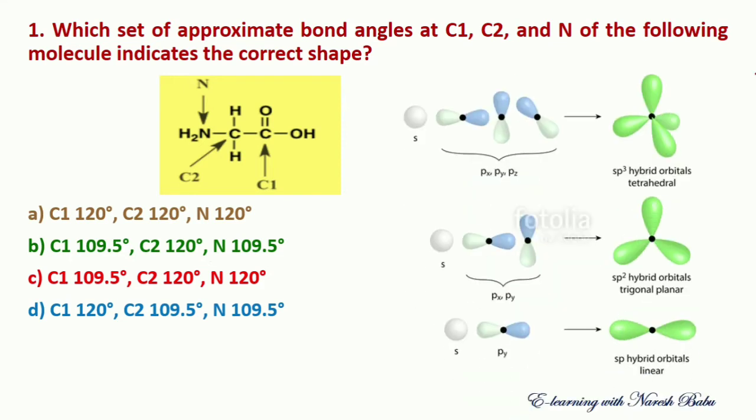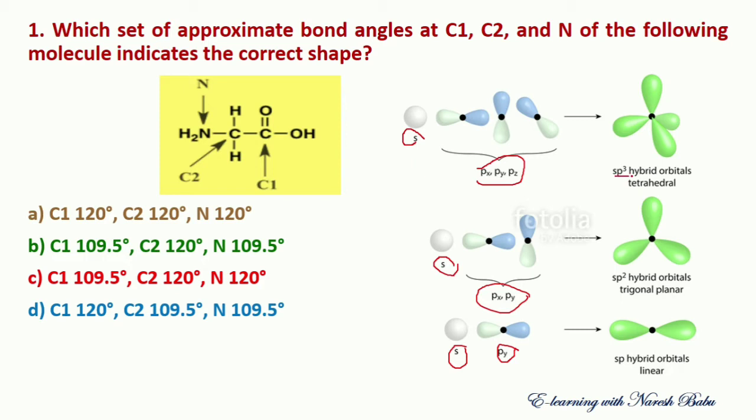So if you know the hybridization, sp3 hybridization, that is 1 s orbital and 3 p orbitals, sp2 hybridization, 1 s orbital and 2 p orbitals, and sp hybridization. If you know the structure of the hybridized molecule, you can easily write the bond angles of the atoms in a hybridized compound.